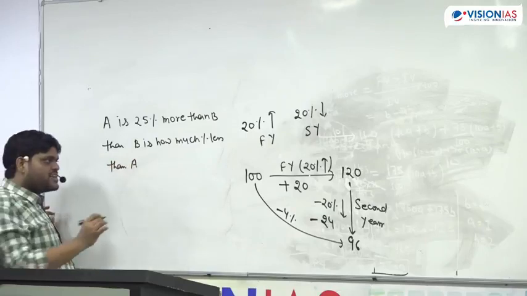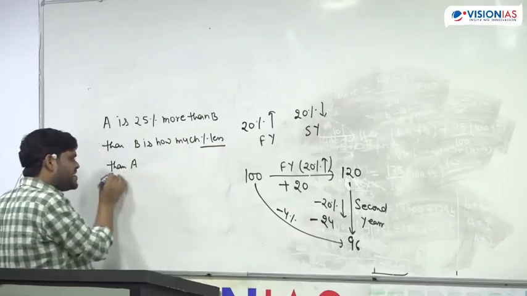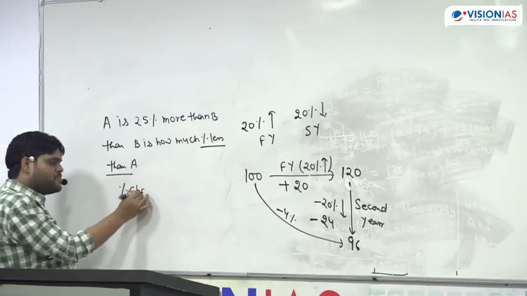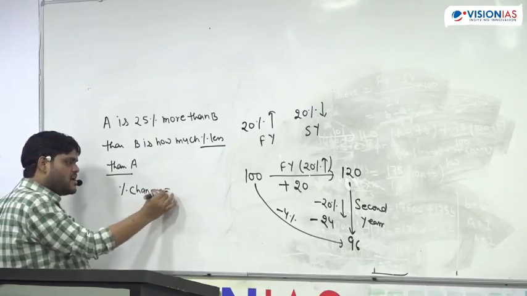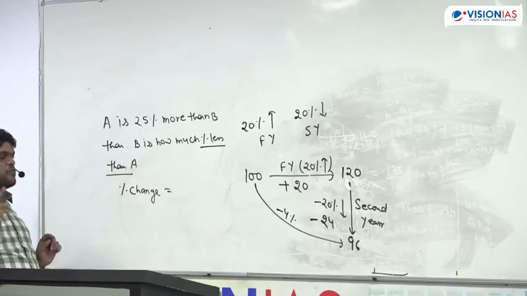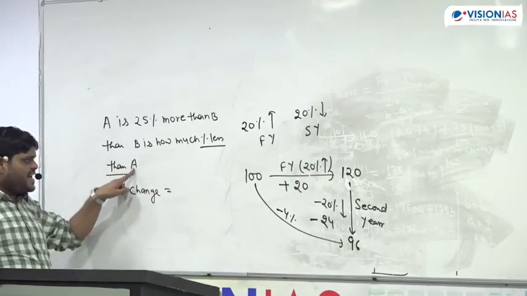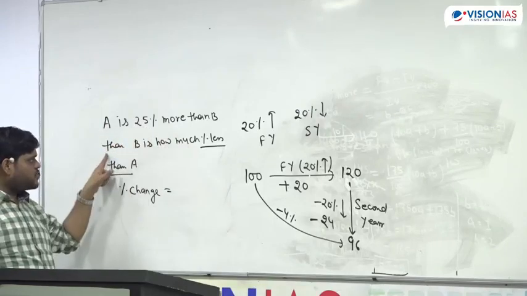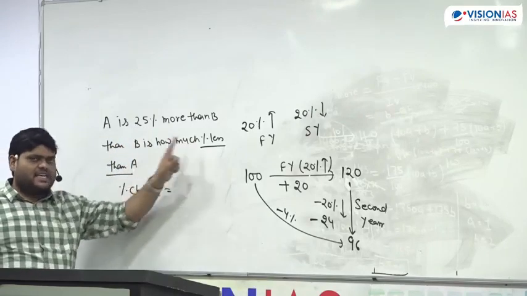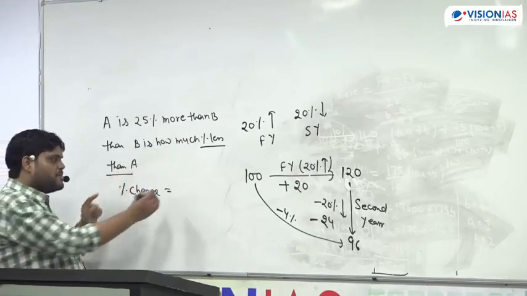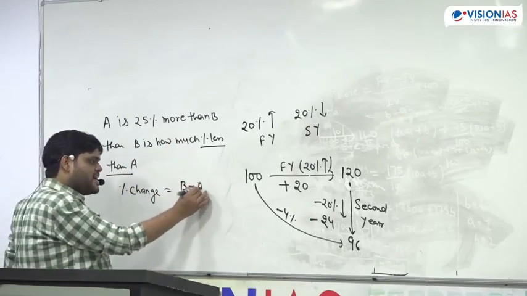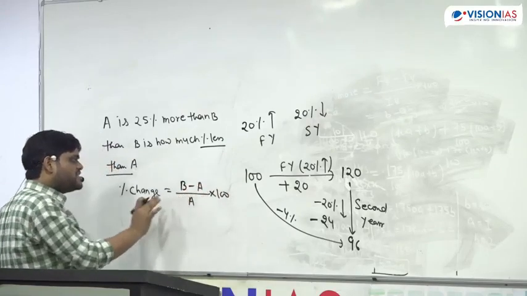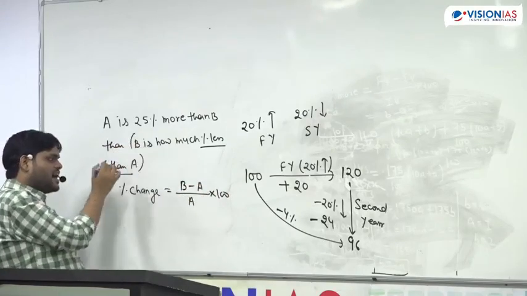So first understand percent less than A. Percent less means they are asking percent of change, and that becomes final value minus initial value, and A is the initial value, B is the final value, because the question is B is how much percent less than A. So this becomes B minus A upon A into 100. This is the final question they are asking.